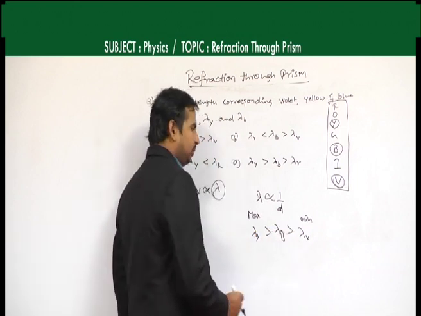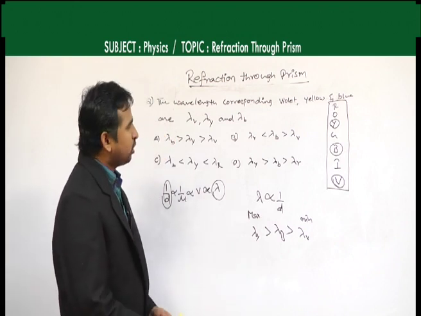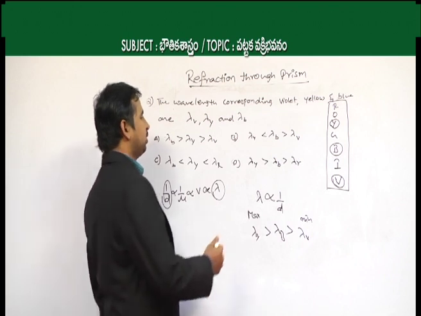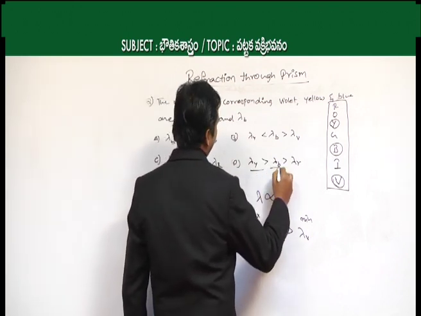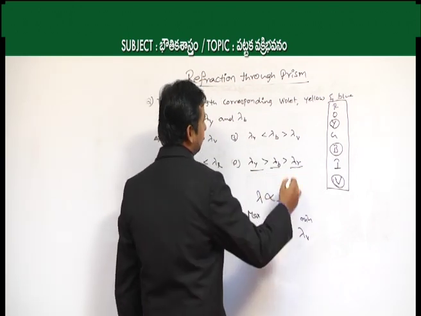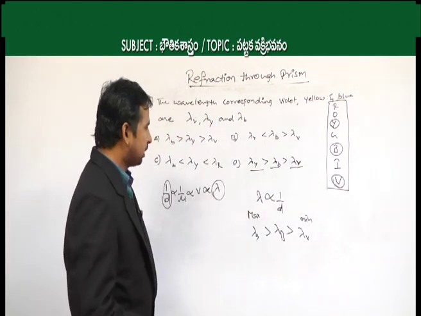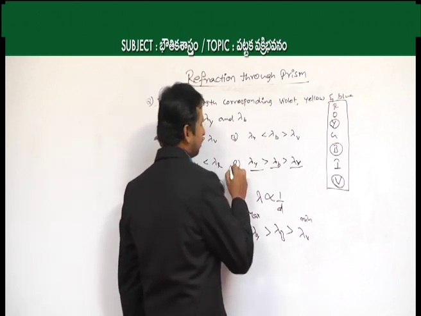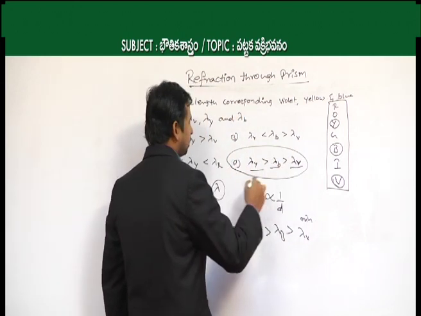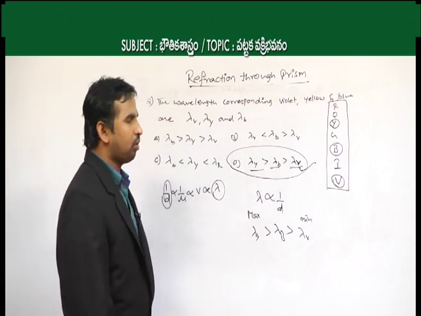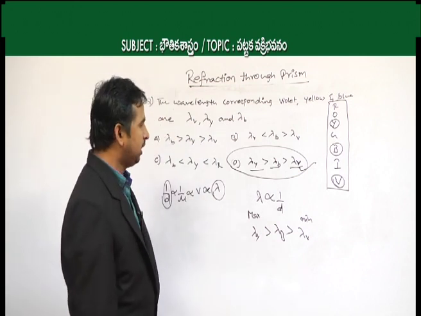So, based on the given options here, in this case option B is correct, because having more wavelength means it is deviating less.